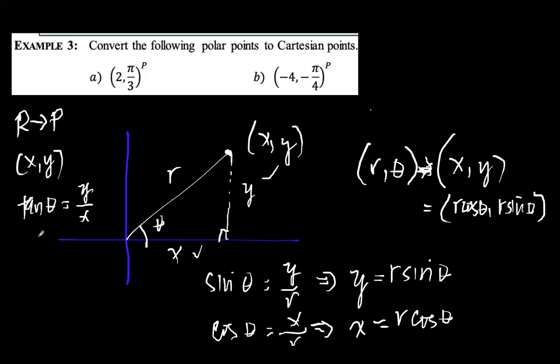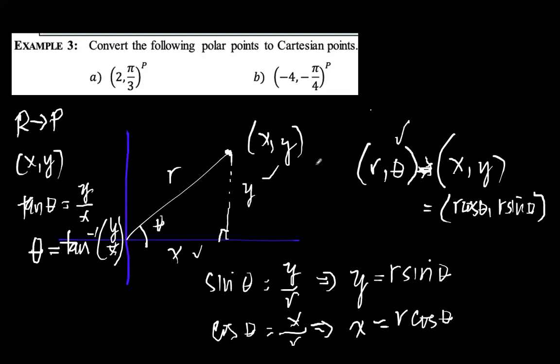To identify theta or the angle measure, we make use of the inverse tangent. So that's theta equals inverse tan of y over x, and we can identify the angle measure of the polar form.